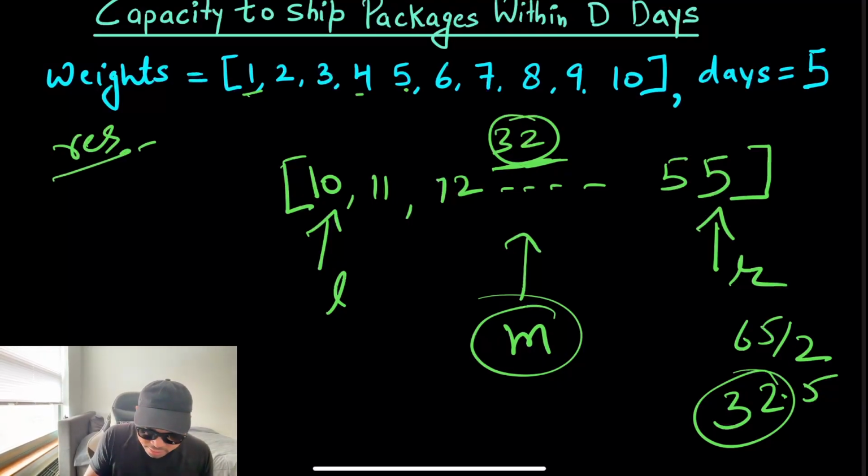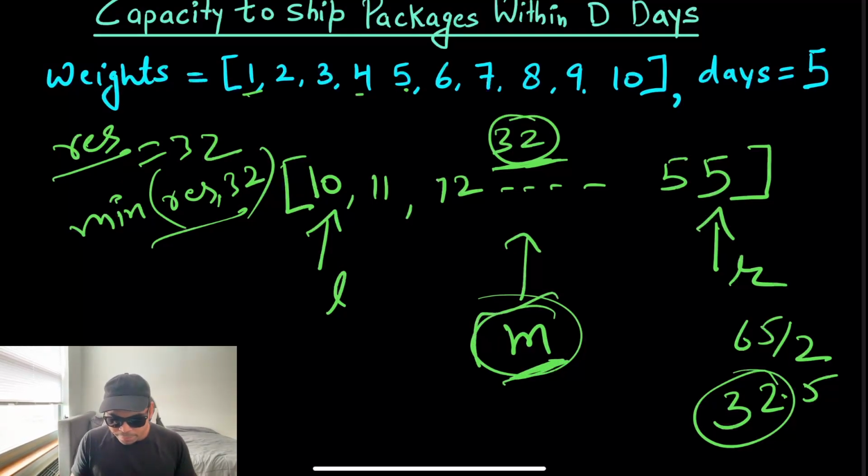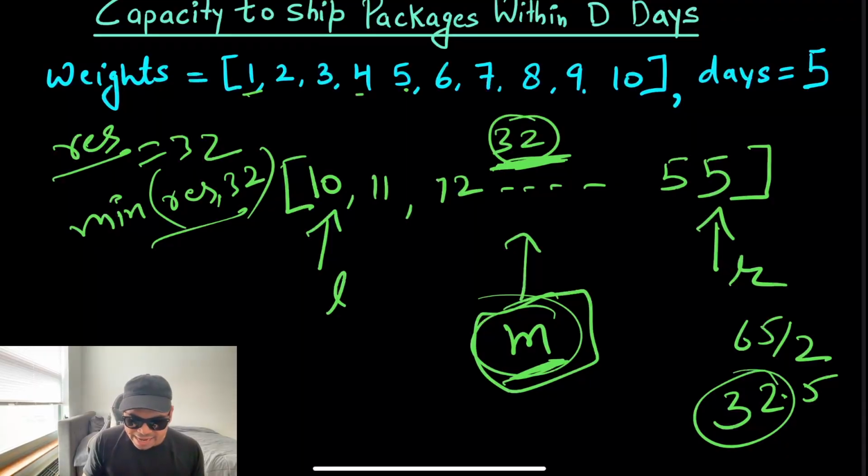We will assign this 32 over here and update it to the minimum of res or 32, or whatever value we find as mid, and we will only process this mid if using that for loop we are able to process them. If this is our capacity, we keep adding them up, and wherever it becomes greater than 32, we increment our days.